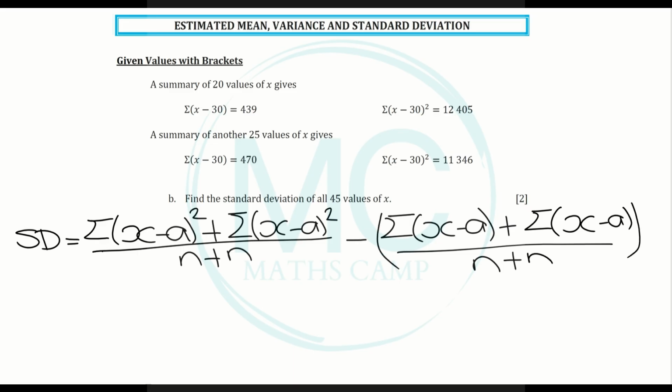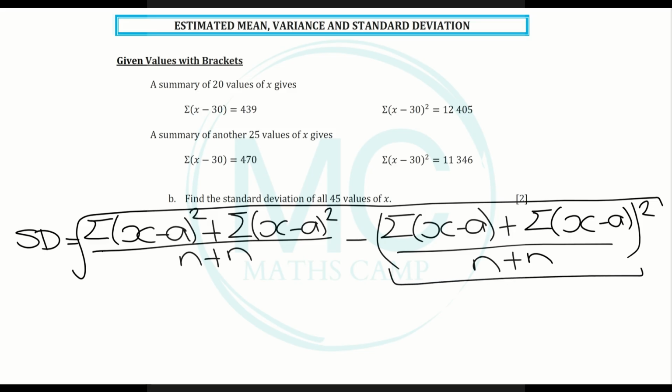Put this into a bracket squared, and then I'm going to try and squeeze it in, all under a square root. Just remember that this is not the square of the estimated mean.